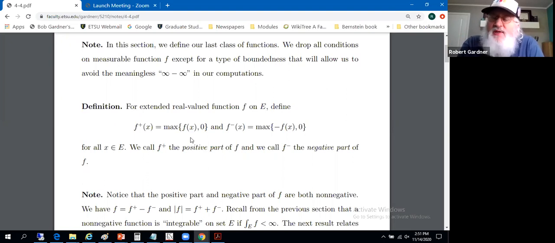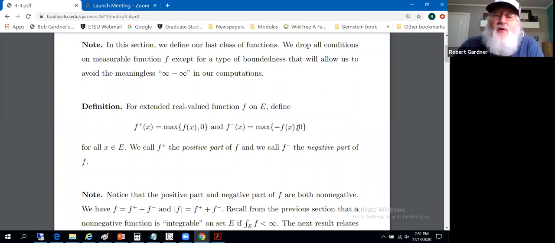The negative part's similar, but oddly enough, the negative part is also non-negative. The negative part of f is defined as the maximum of negative f of x and 0. So when f of x itself is negative, the maximum of these two is negative f of x, which is, in fact, positive in that case.